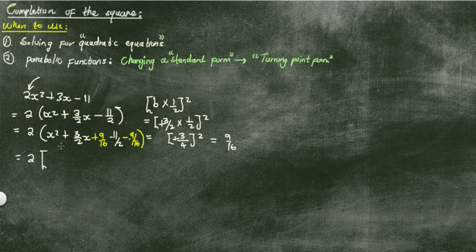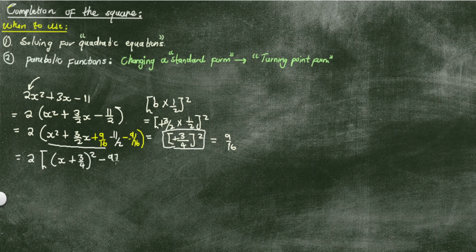Equal to, then with the 2 outside the square bracket, you take the first 3 terms and factorize again, x plus 3 over 4, you square the entire thing, minus 11 over 2, subtract 9 over 16.